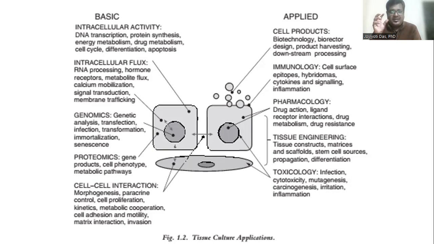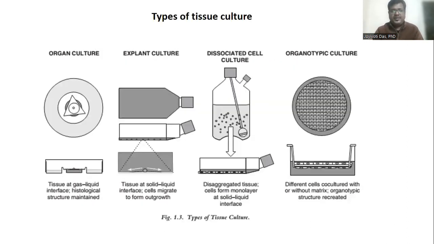And that tissue construct, if you graft it into the defect of your bone or say skin or any other wound, that tissue will help the cells of the surrounding organ to grow into it and eventually become a part of your body. Okay, so all these are the various applications of cell culture.